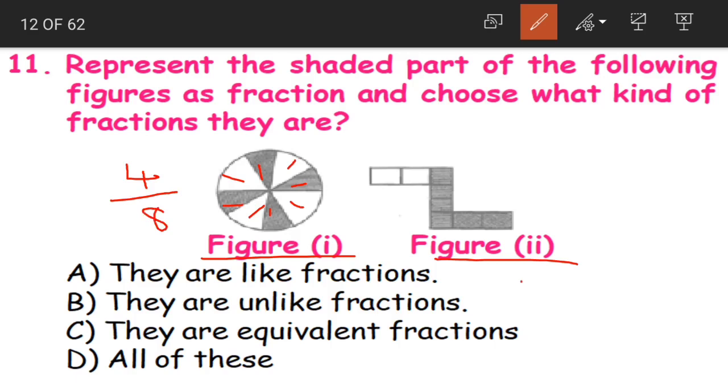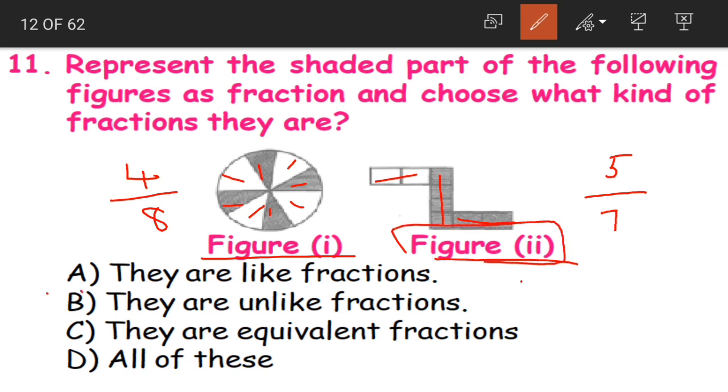In total we are having 8 parts. So 4 by 8 is the fraction for figure 1. Coming to figure 2, 1, 2, 3, 4, 5. 5 shaded parts divided by in total 7 parts. So 5 by 7 is the fraction that represents the shaded part of figure 2.